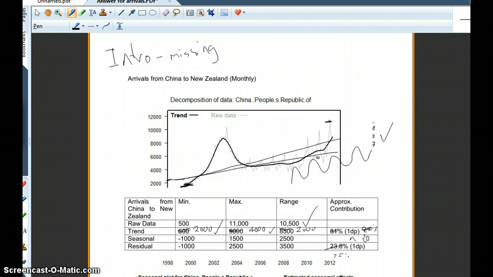So you can see why it says approximate component rather than average component, because it's quite argumentative. Do I take the trend component through there? Do I take it up through there?